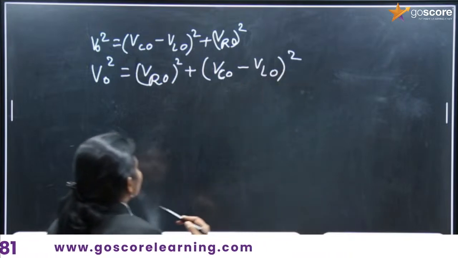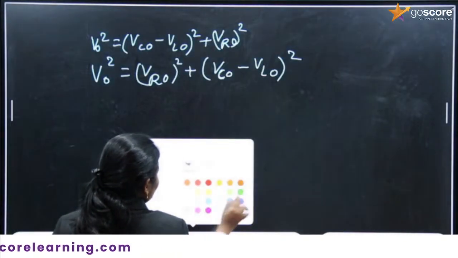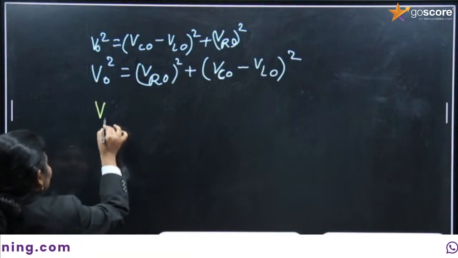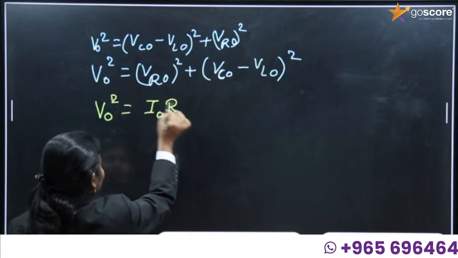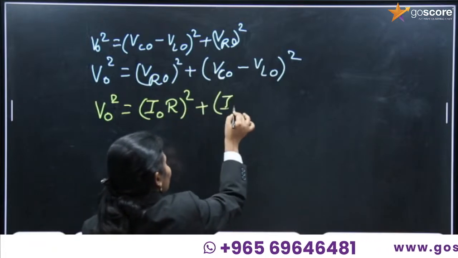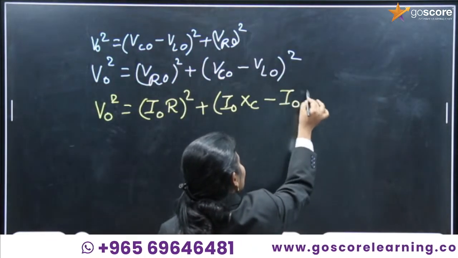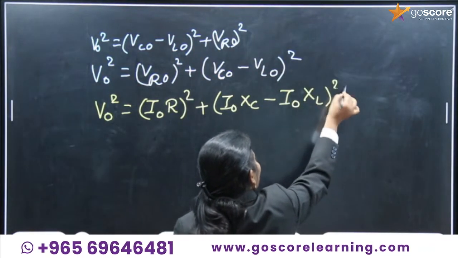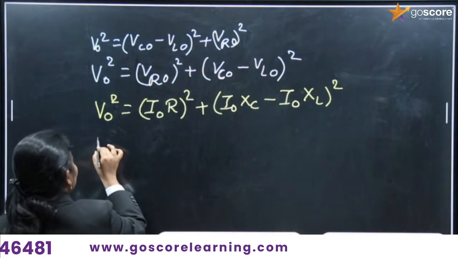Substituting the values, V naught square is equal to I naught R whole square plus I naught XC minus I naught XL whole square.